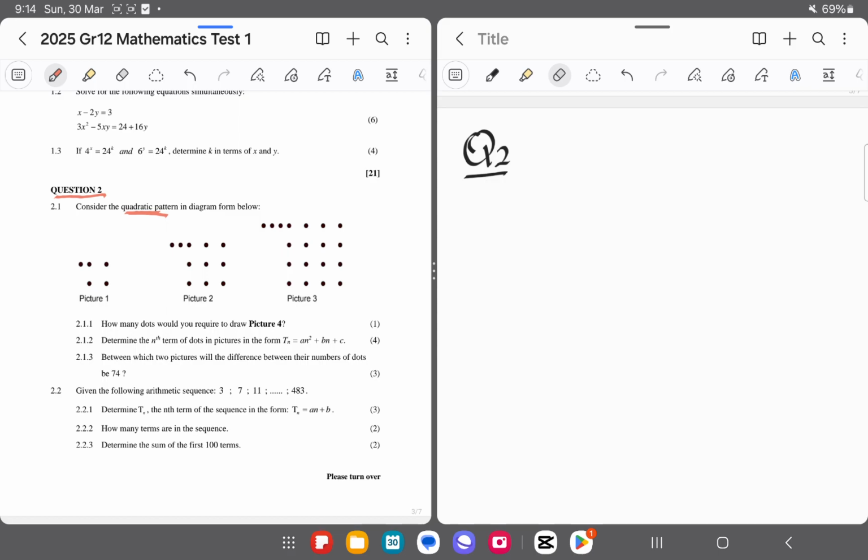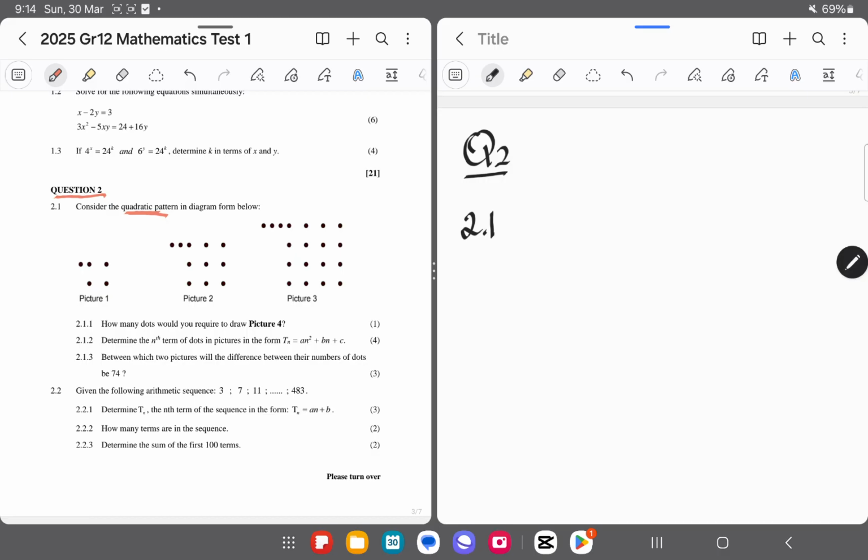Now because we know that it is a quadratic pattern, we know for a quadratic it has a constant second difference. Now let's count how many dots we have in picture 1.